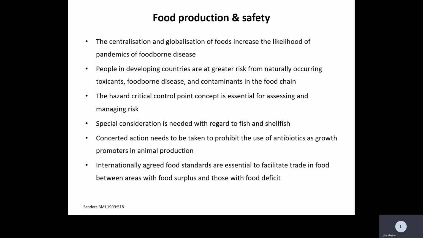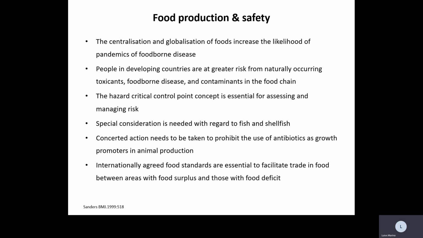There's also incredibly special consideration regarding fish and shellfish, as that's a particular risk for contaminants. And there needs to be a concerted action to prohibit the use of antibiotics as growth promoters in animal production, as this not only impacts on animal husbandry health, but also our own health as well, and particularly the rise of antibiotic-resistant bacteria.